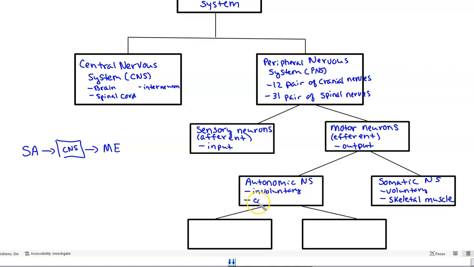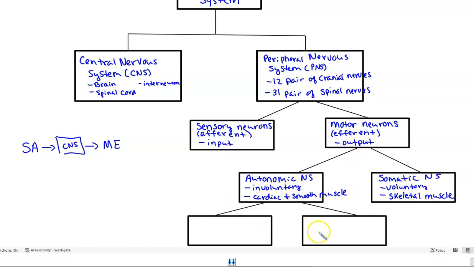We're going to see them firing on cardiac muscle and on smooth muscle. They also fire on glands, and we're going to see them firing on some organs, but those are the main ones. So your motor has two flavors: ones you can't control, autonomic, and ones you can, somatic.